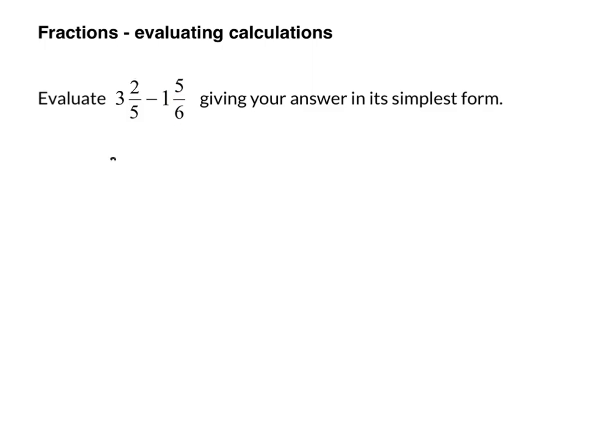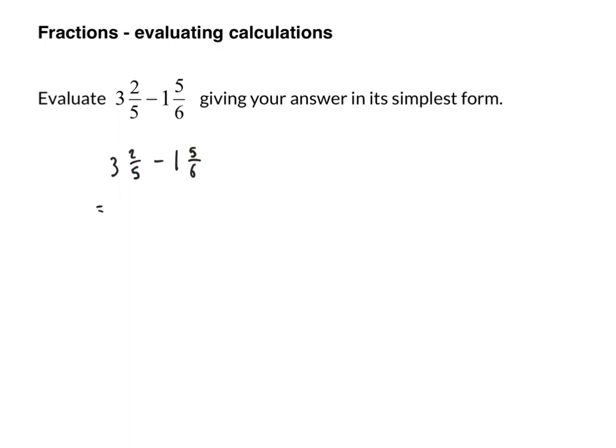There are a couple of ways you can deal with this, but the way I would recommend is by taking your two mixed numbers and converting them into improper fractions, what's sometimes called a top-heavy fraction. There's two reasons for that. One, it's going to get rid of the fact that these fractions are awkward to take away from one another.